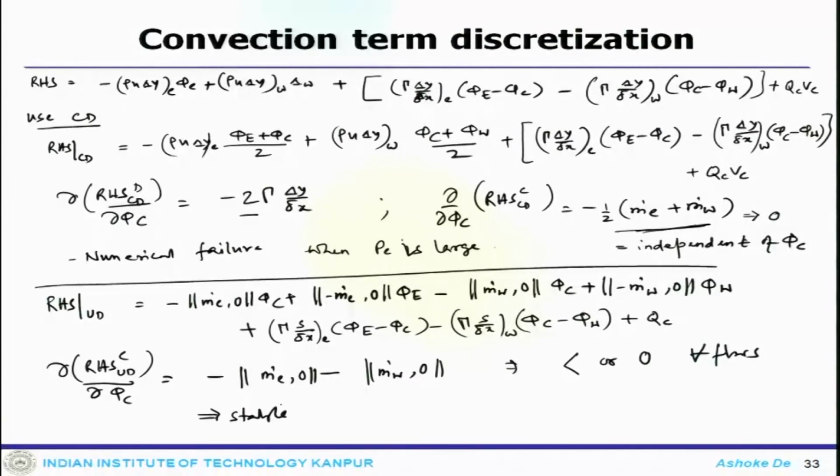However, this is achieved at the expense of accuracy. This is always a first order accurate system. So, though it is stable, it comes with a price.